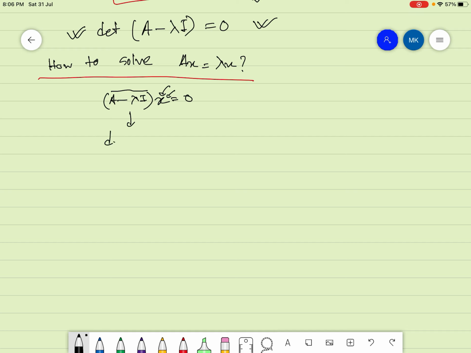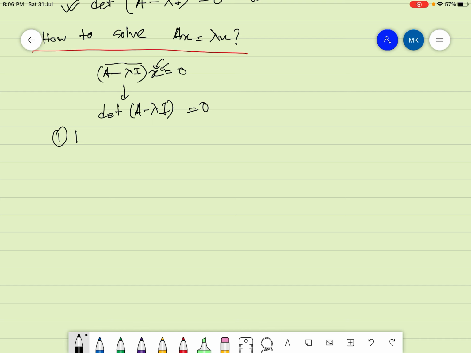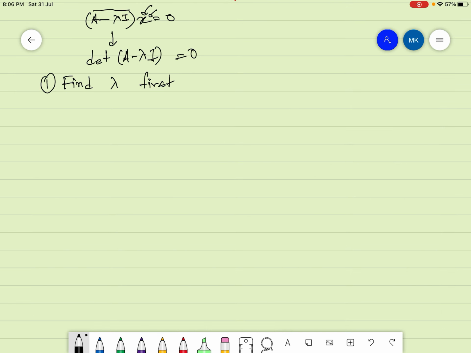So the determinant of A minus lambda I must be 0, right? So what we have to do is find this lambda first, then find the null space, which will be our x, our desired eigenvector.